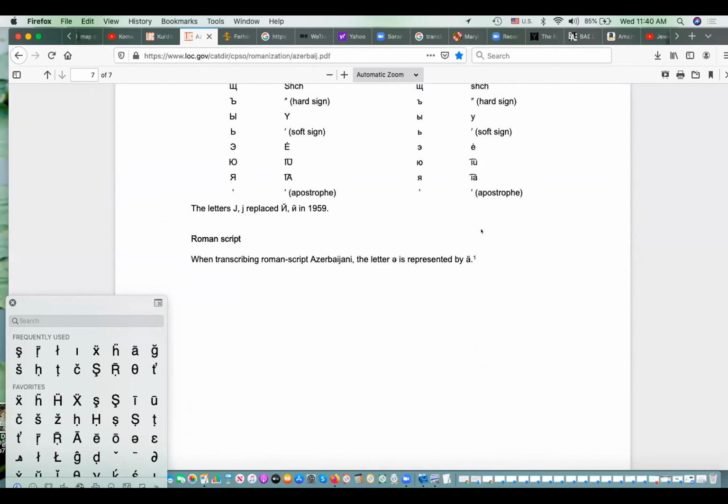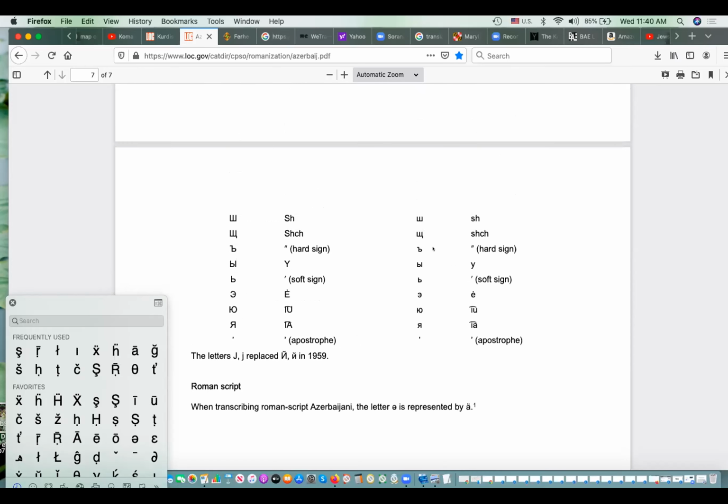And the only change that we make in the Latin orthography is that the schwa, upside down E, we represent as A with 2 dots over it. Other than that, what you see is what you get.